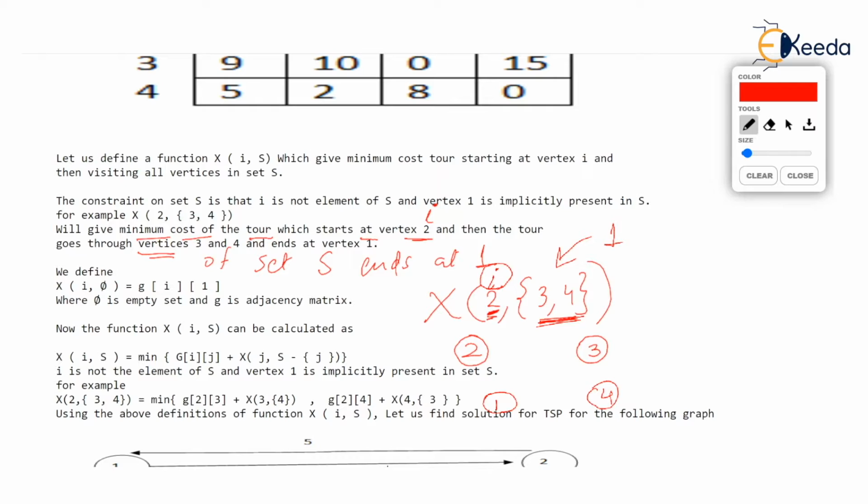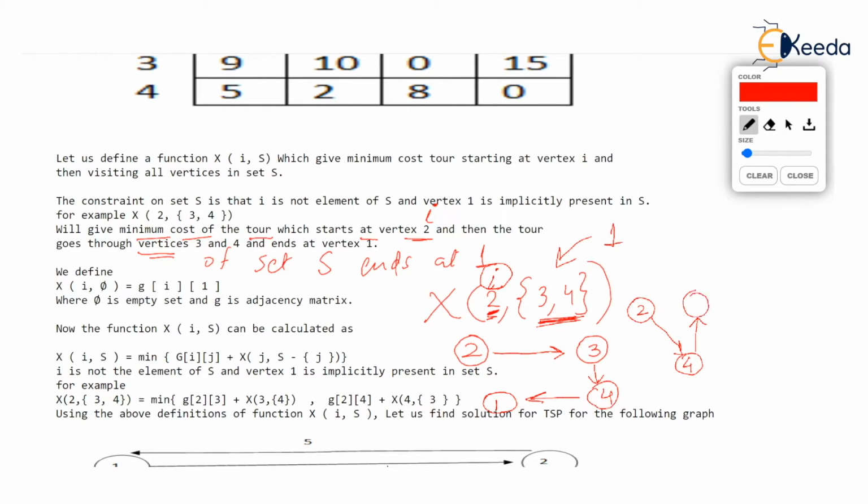Now you will agree there are two ways of doing. You can go from 2 to 3, then 3 to 4, then 4 to 1. This is one way, isn't it? But the other way around is that instead of going from 2 to 3, how about going from 2 to 4 first? You know that it is a complete graph. 2 to 4, then 4 to 3, and then 3 to 1.